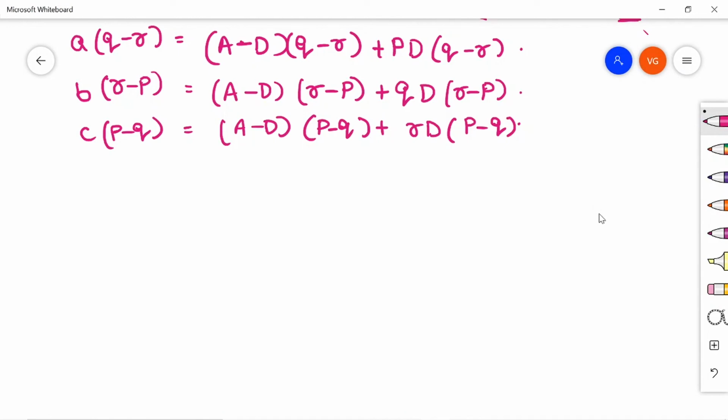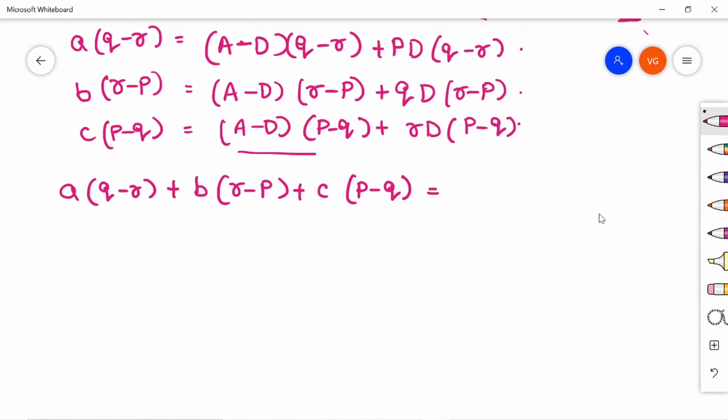Let us add these three equations now. That is a into (q minus r) plus b into (r minus p) plus c into (p minus q). That is equal to, in the first term you have A minus D common. So take A minus D common and then the remaining you add up. That is (q minus r) plus (r minus p) plus (p minus q).